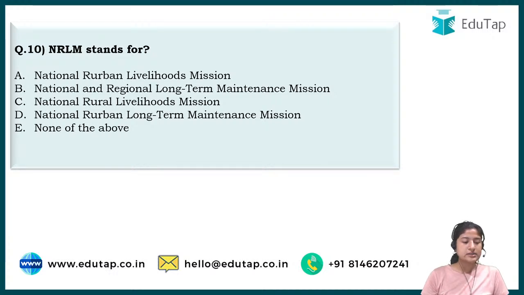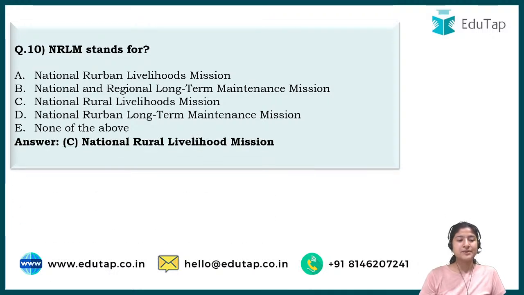The correct answer here is option C, that is National Rural Livelihood Mission. It is a program that focuses on the upliftment of the livelihood and conditions of rural areas. That is the function of this mission.